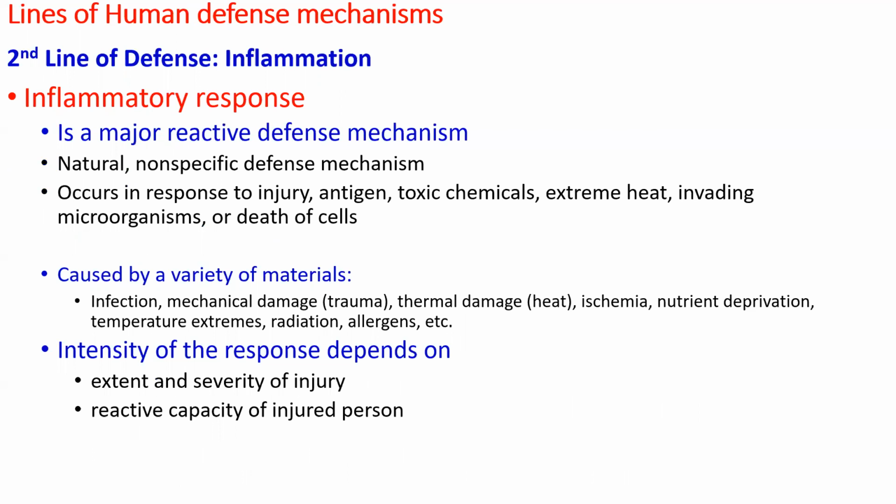So we said that the first line of defense includes the physical and mechanical barriers and the biochemical barriers. An example of the biochemical barriers would be the normal bacterial flora in the GI tract or on the skin surfaces, or the bacterium lactobacillus, which is the normal vaginal flora, or sebaceous skin gland secretions, which secrete lactic acid and fatty acids to kill bacteria and fungi.